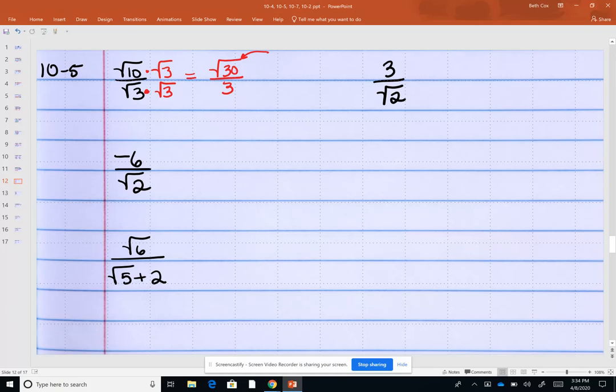You cannot multiply, divide, or anything. The 3 is outside, the 30 is inside, and they cannot do anything. All right, so this is it. That is the final answer here.